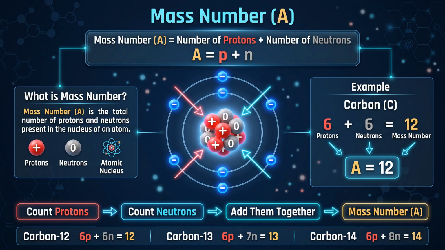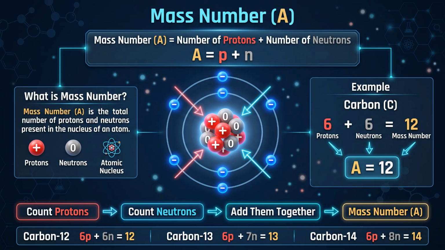Mass number also plays a significant role in nuclear science. Scientists use it to identify isotopes, study radioactive decay, calculate nuclear reactions, and understand nuclear energy. In medicine, radioactive isotopes such as carbon-14, iodine-131, and technetium-99 are identified by their mass numbers and are widely used in diagnosis and treatment.